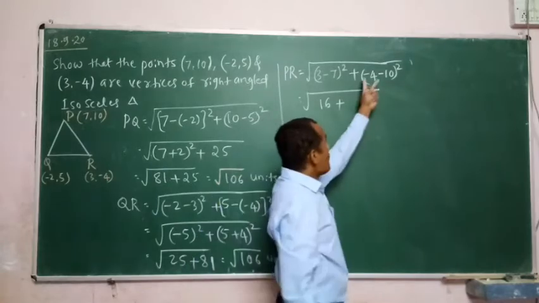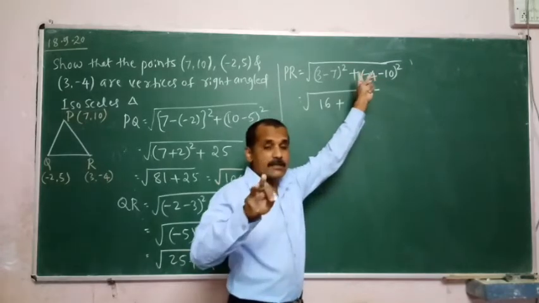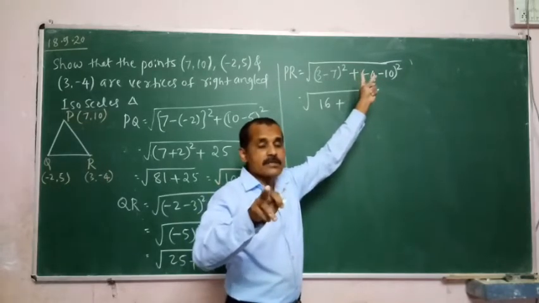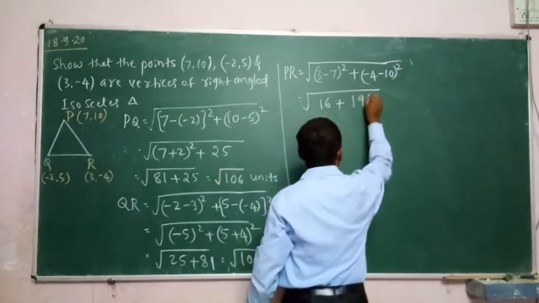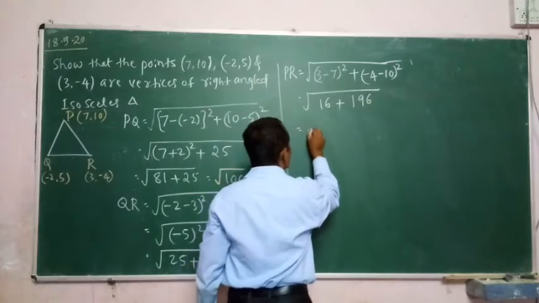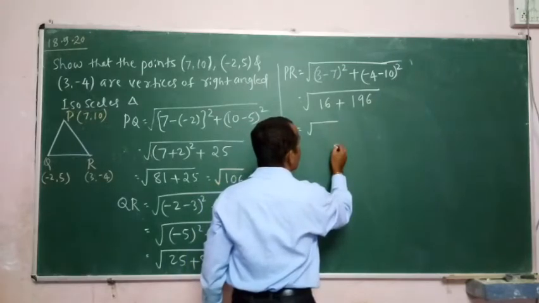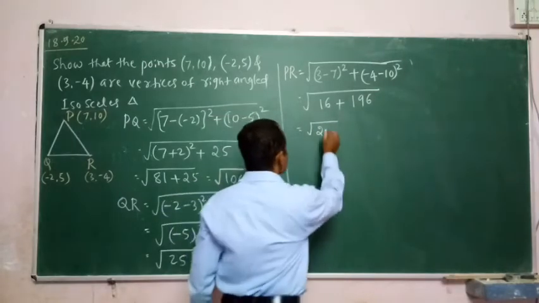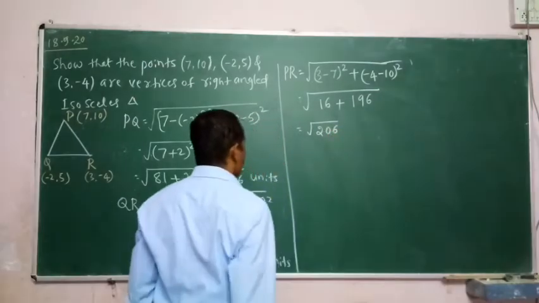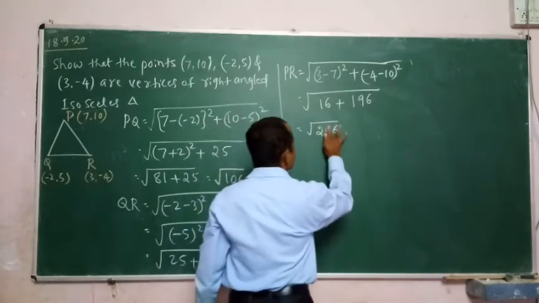Plus minus 14. When both are minus, keep the minus as it is, add the numbers. Minus 14 square is 196. 196 plus 16 gives you under root 212.